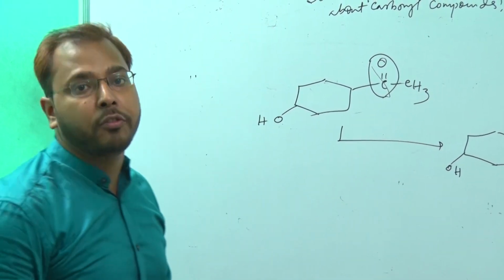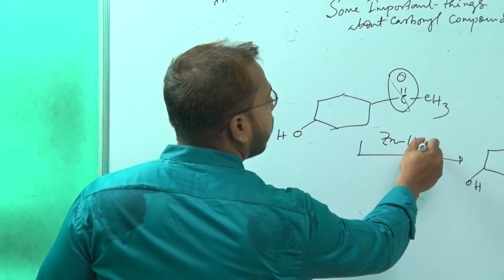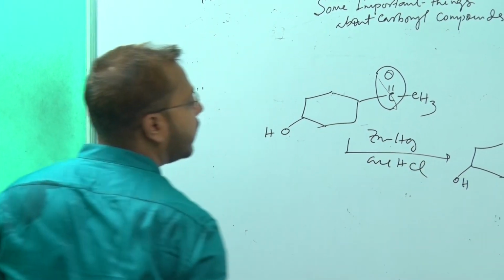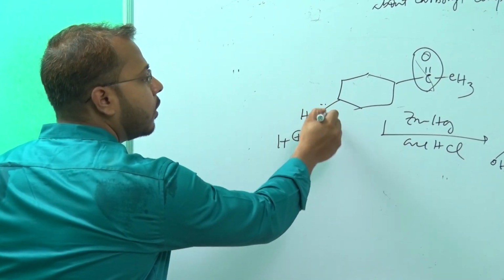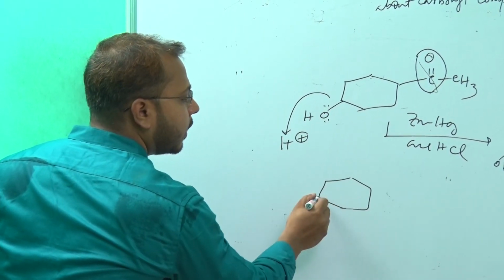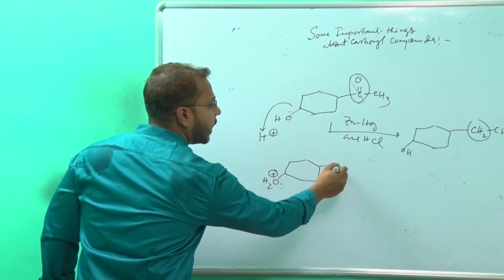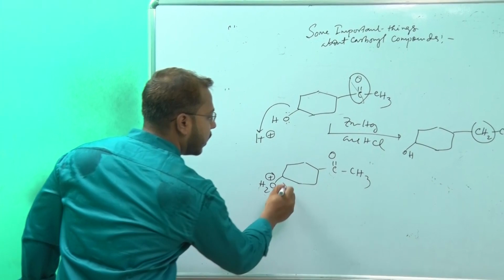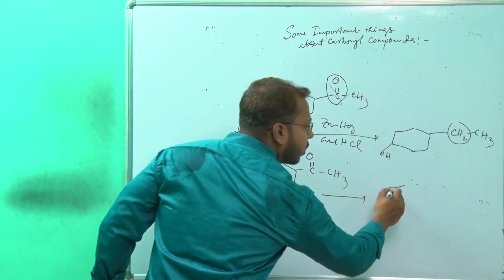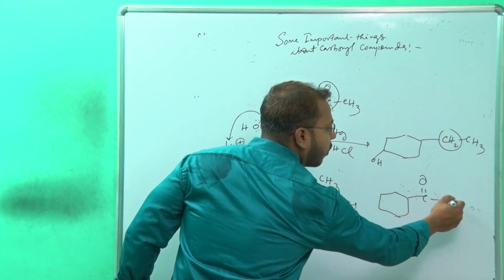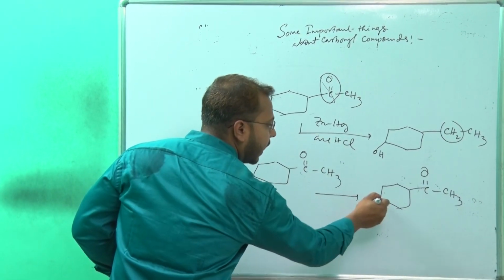We need to use Wolff-Kishner here, because if we use zinc amalgam and concentrated HCl, then what is happening? In the medium, H plus ions are there due to HCl. So this can also be protonated, and after protonation, it will obviously remove the H2O part, and therefore a carbocation is formed, and in this carbocation the Cl minus may attack.